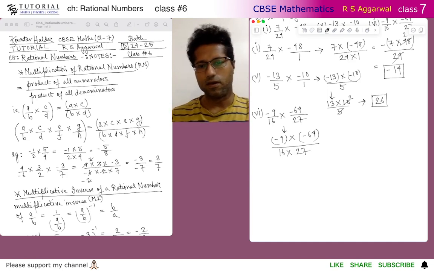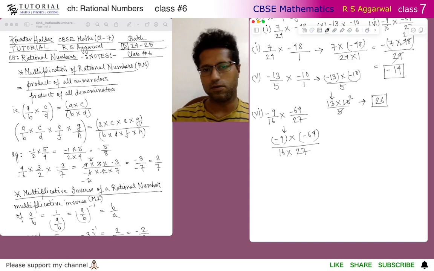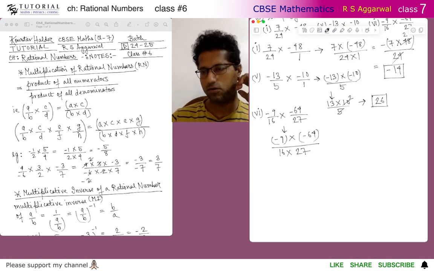You just need to be careful while multiplying the numerators, because just keep in mind that the product of two numbers having the same sign is positive, and the product of two numbers having opposite sign is negative. This thing you just have to keep in mind.